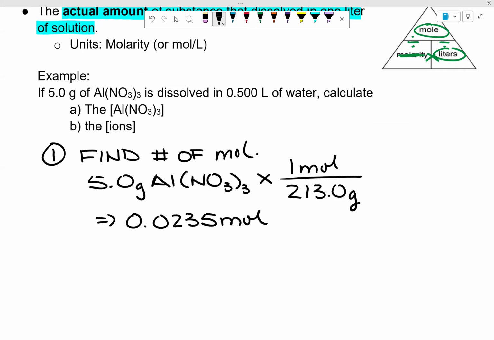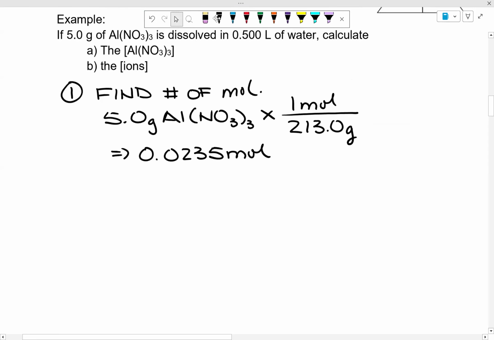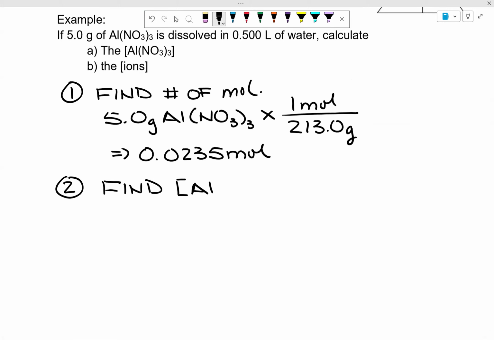Step 2 is to find the concentration of aluminum nitrate.